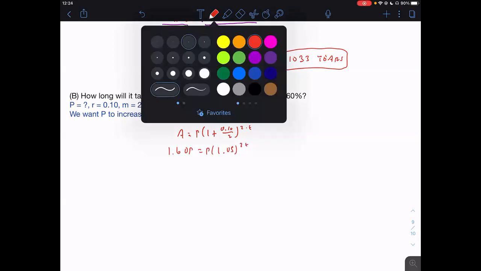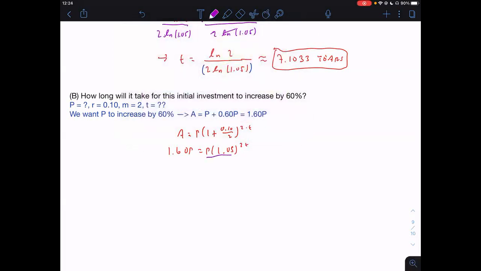And we pretty much follow the exact same steps. First thing first, divide both sides by P, get rid of that coefficient in the front, which just cancels out the P's on both sides, leaving us with 1.60 equal to 1.05 raised to the 2T.